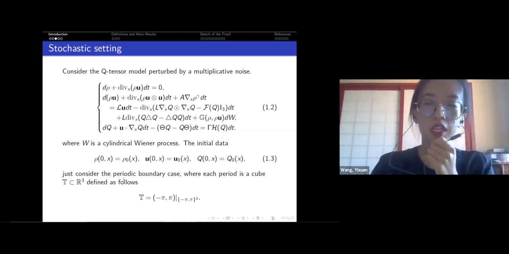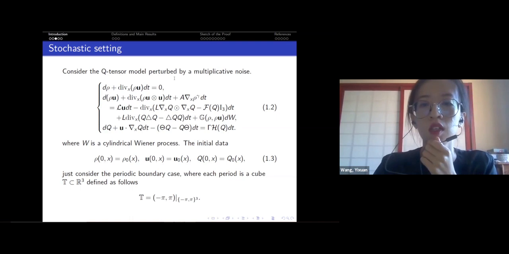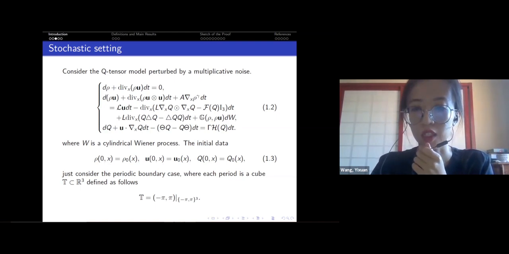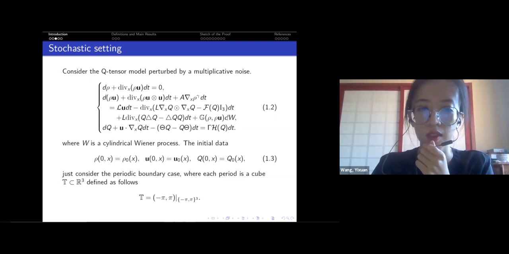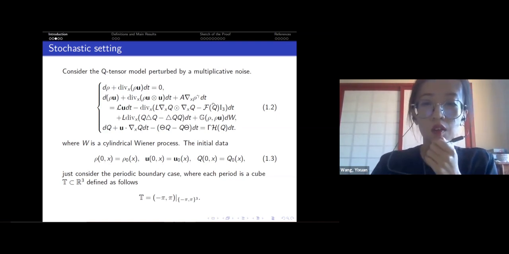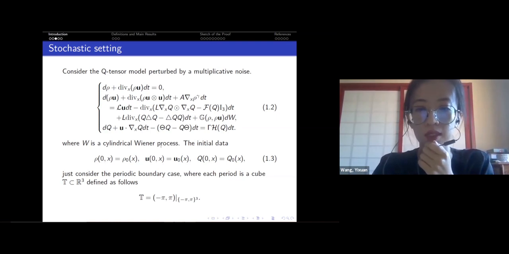In this paper, we focus on the equation with added multiplicative noise. We have added G(ρ, ρu) dW in the momentum equation, where W is the cylindrical Wiener process.